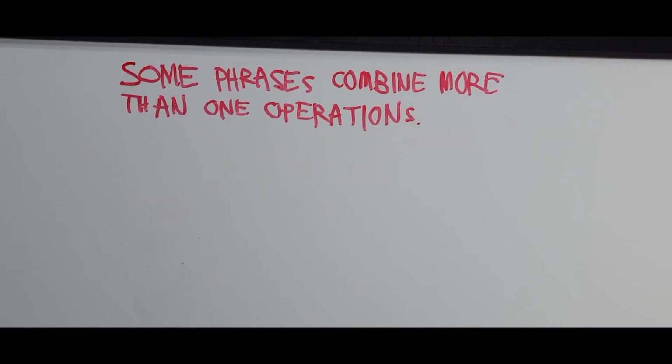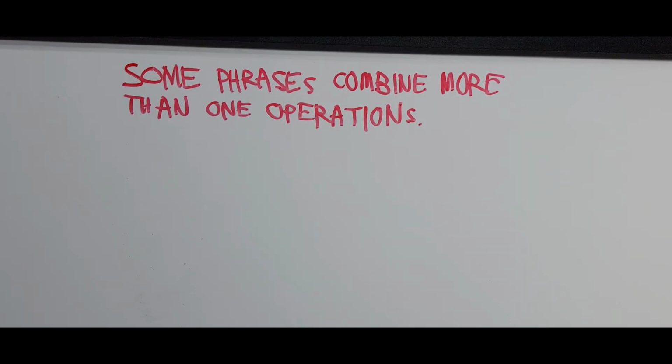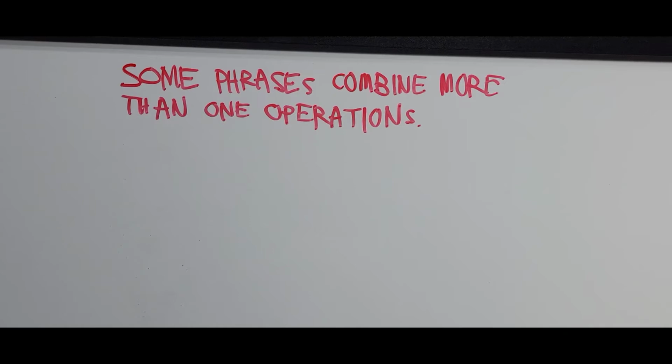Now, let's go to a little more complex form of phrases that combine more than one operation in word expressions. Most of the phrases which involve more than one operation normally involve addition and subtraction at the same time in one phrase, or multiplication and addition, things like that.